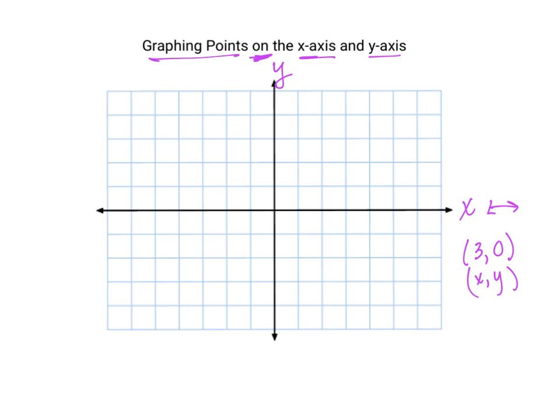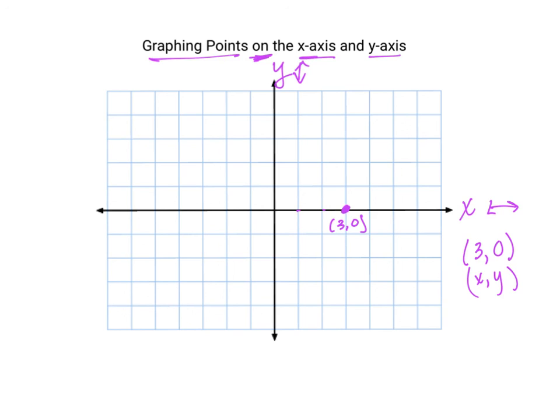So I'm going to go 3 units to the right because it's positive. 1, 2, 3. And then my 0 says, well, how many up or down do I go? Right? The next one, I'm looking at my y-axis, up or down. Well, it tells me don't move anywhere. It says 0. Don't go up, don't go down. So that means this point here is 3, 0. It's on the x-axis because I haven't moved up or down at all.